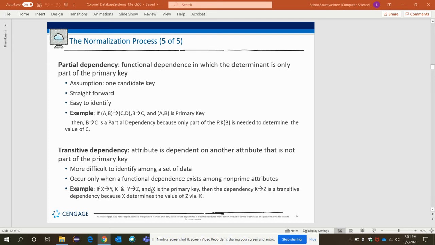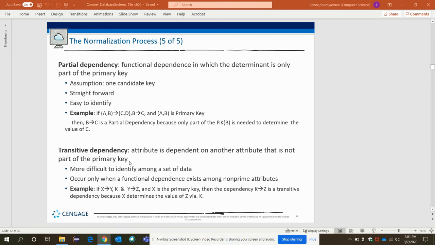Then the dependency K tends to Z becomes your transitive dependency, because X determines the value of Z via K. So there should be three different attributes to form a transitive dependency.